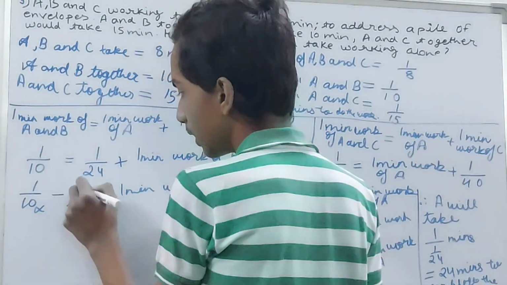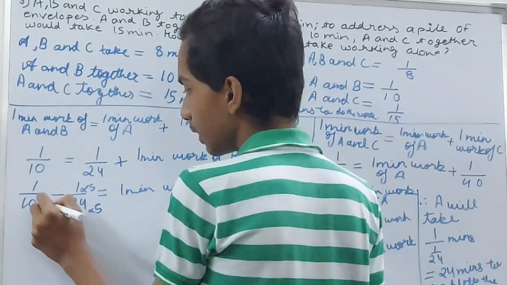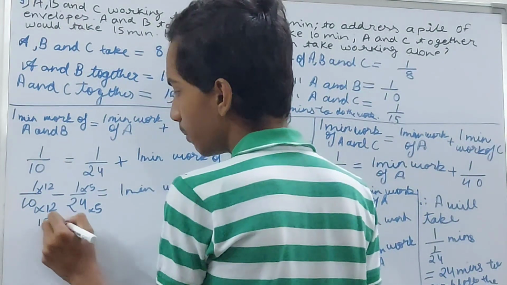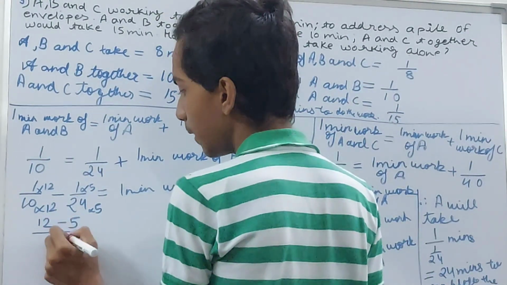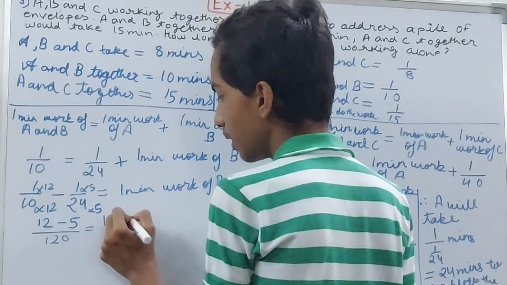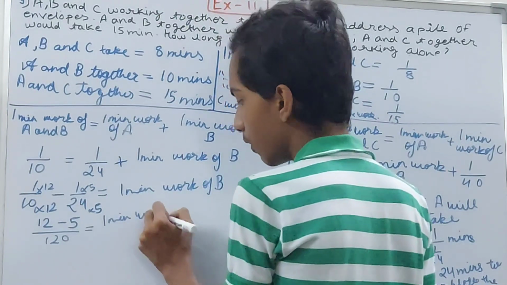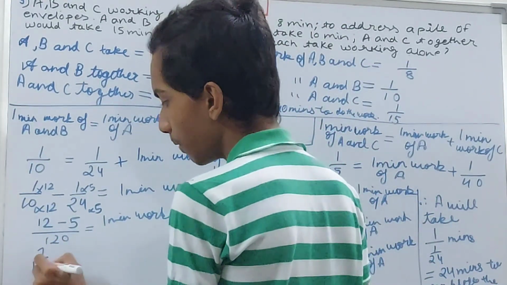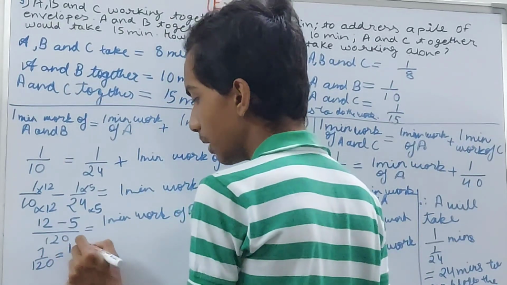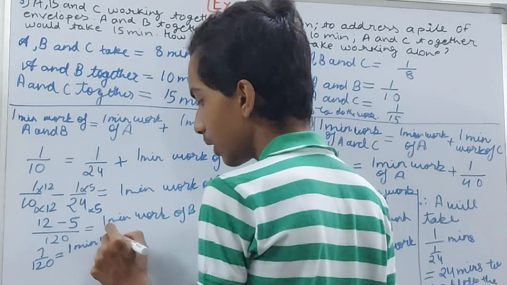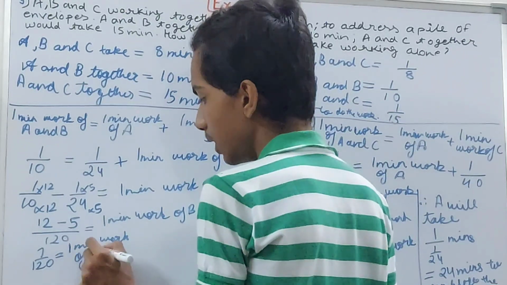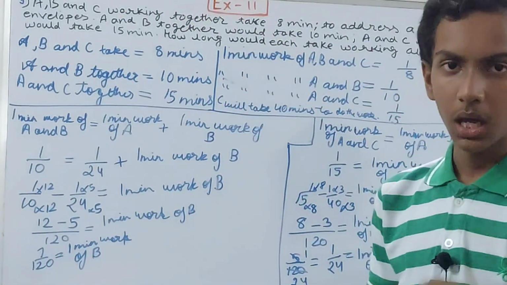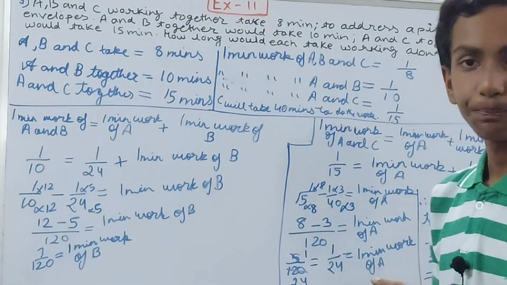So 5 here and 12 here. 12 minus 5 by 120 is equal to 1 minute work of B. This is 7 by 120 is equal to 1 minute work of B. So B will do 7 by 120 work in 1 minute, right?